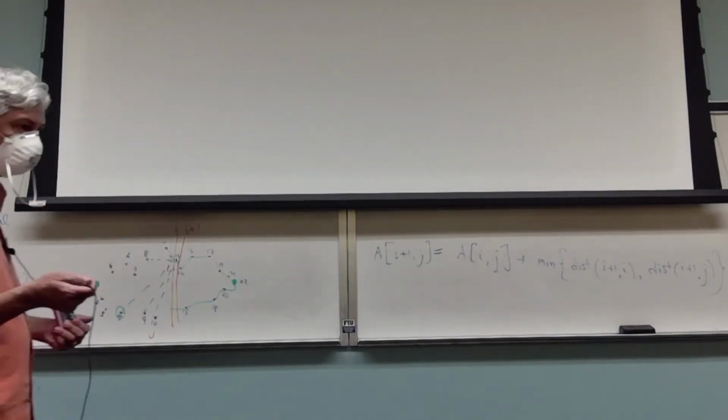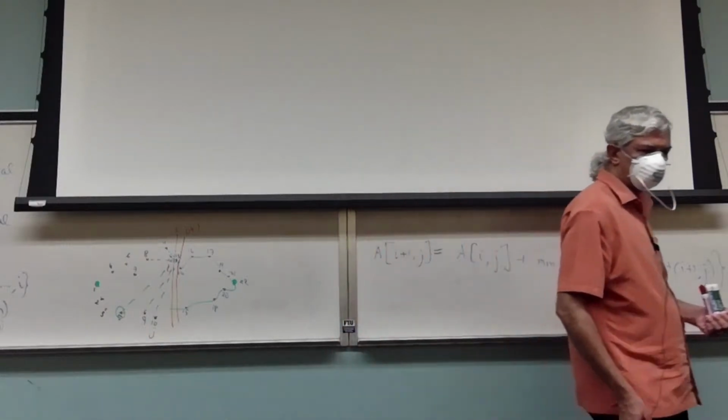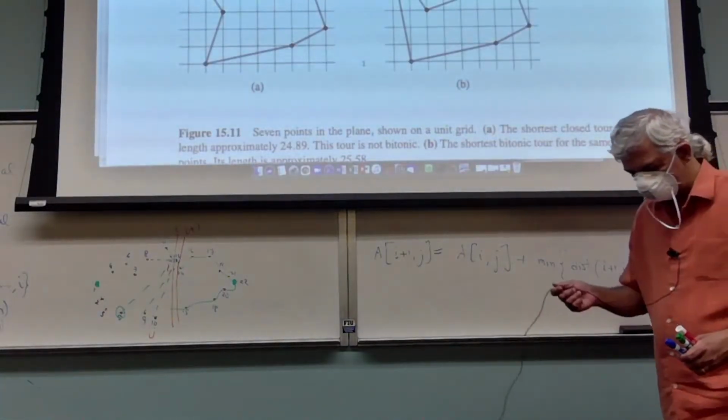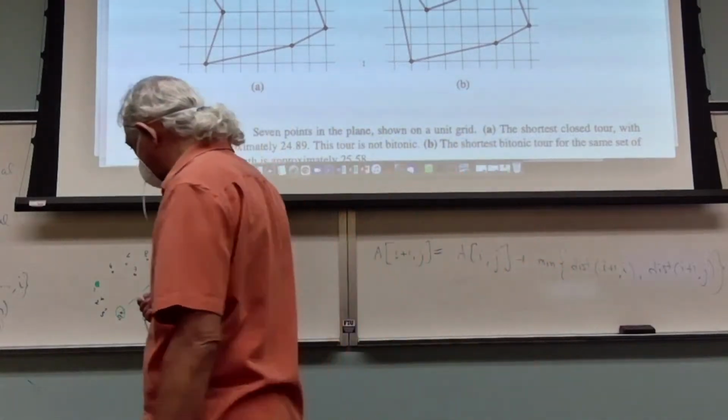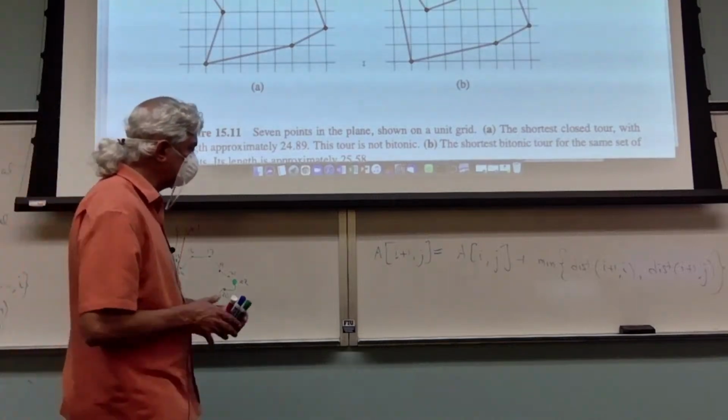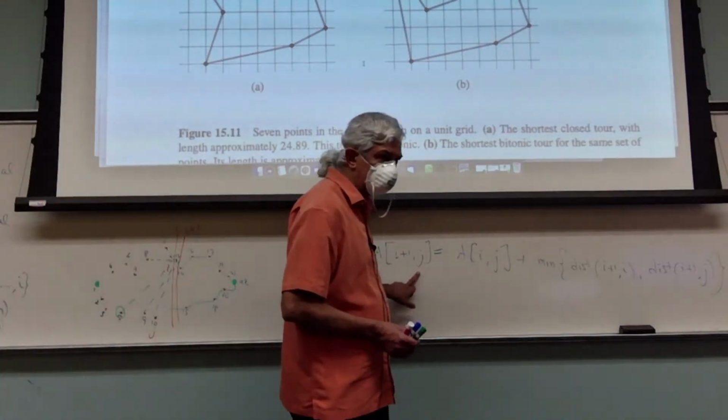I know I'm running out of time, so I should probably stop soon. Yeah. So if this is the recurrence formula, then wouldn't it take O(n) squared to fill up? Yes, as long as it's constant. Well, this is for different values of j.